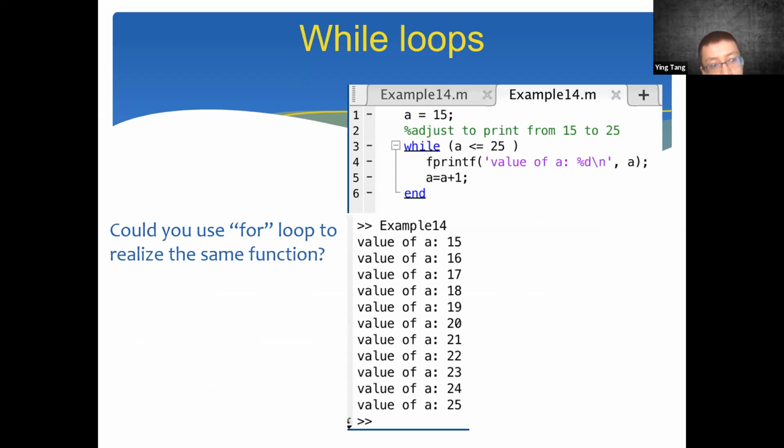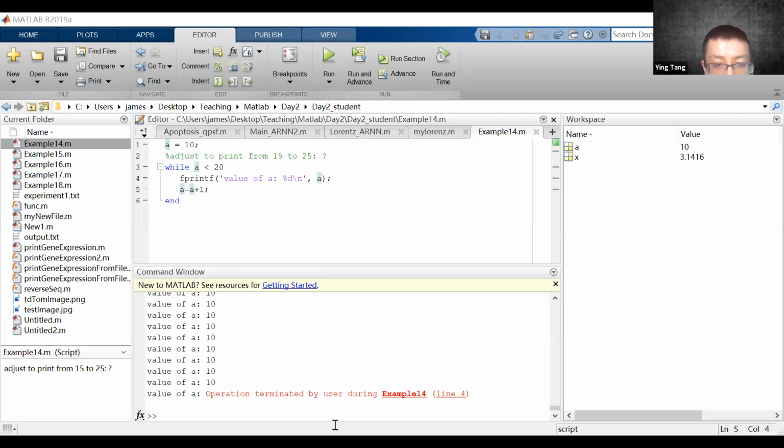And now could you try to change this while loop to a for loop to print out the same thing from 15 to 25? How do we make sure it doesn't print if a is under 15?